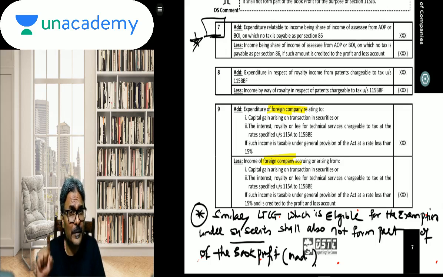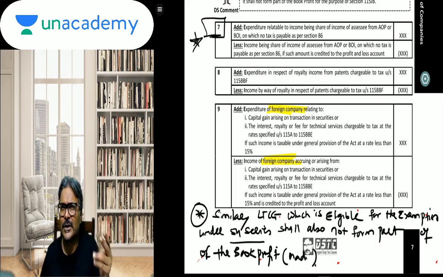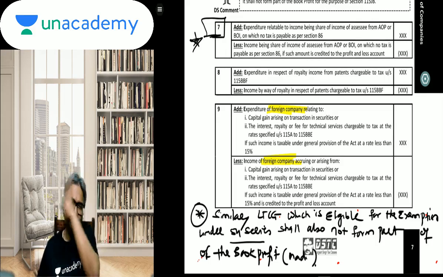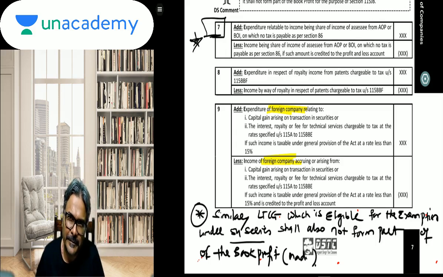There itself it was mentioned that this royalty income will not form part of the book profit, and accordingly, students, we will say that in this 115BBF, both the income as well as the expenditure, as the case may be, shall not form part of the book profit. And that is exactly what this point number 8 is all about.